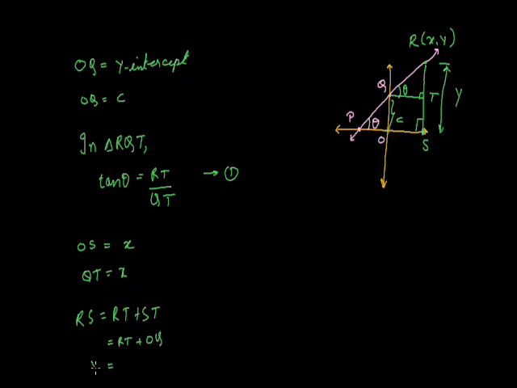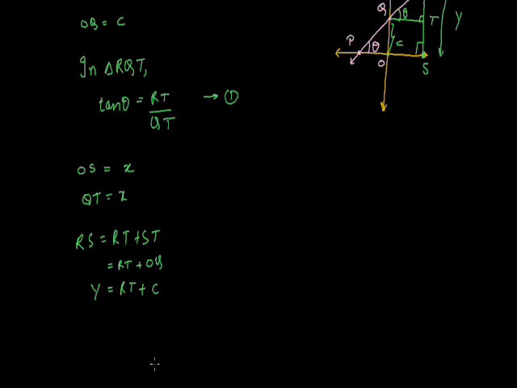Hence RS, which was y, equals RT plus OQ. OQ is the y-intercept, that is equal to c. Hence I can say that RT is equal to y minus c. Now I'll substitute our values of QT and RT in equation number 1.